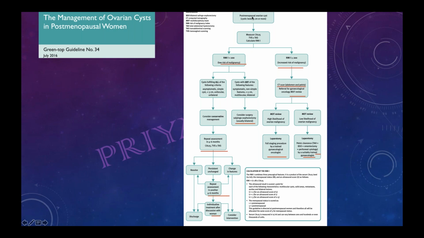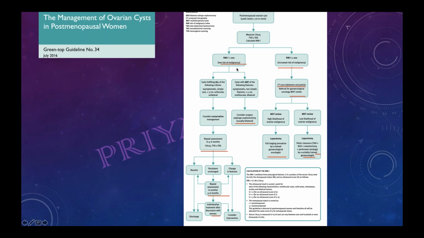Whenever there is a postmenopausal ovarian cyst more than 1 centimeter, measure CA125 and do TVS. Here they have written both. Calculate RMI. If it is more than 200, there is risk of malignancy, so MDT review. Low risk can be managed by a trained gynecologist; high risk will be managed by an oncologist.